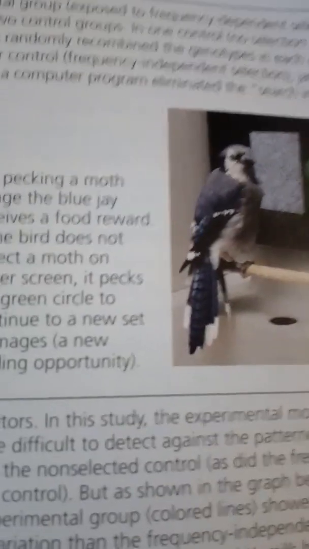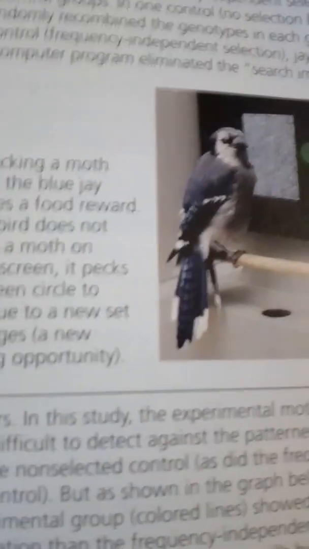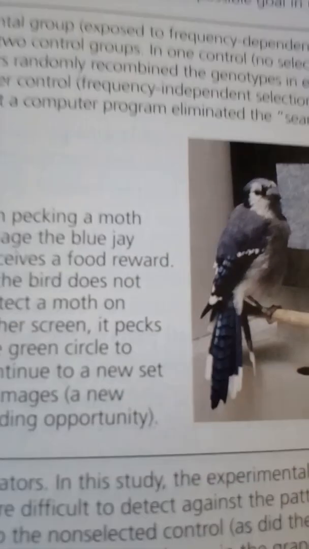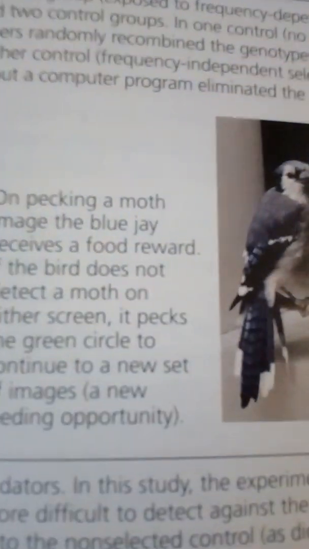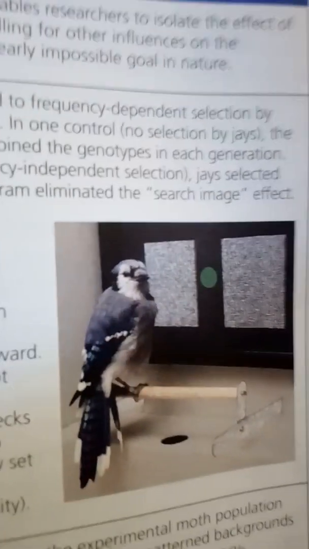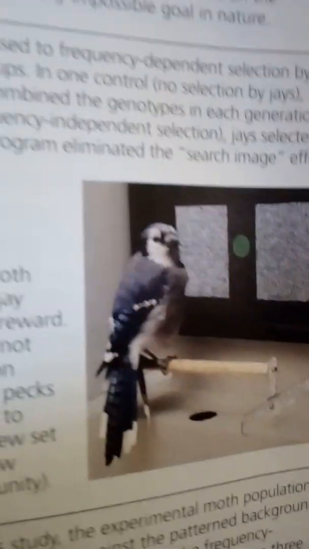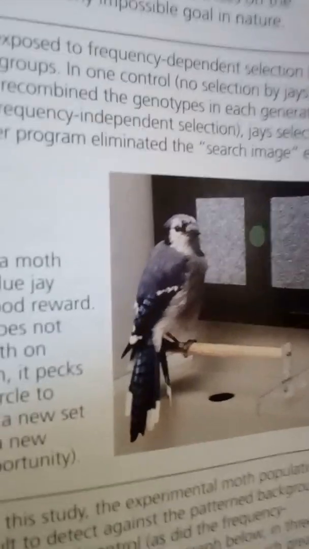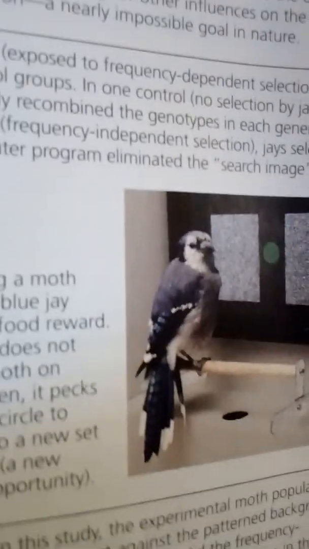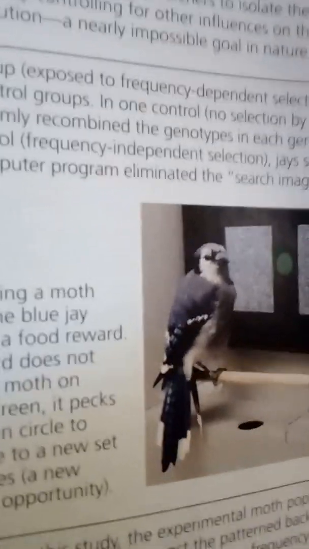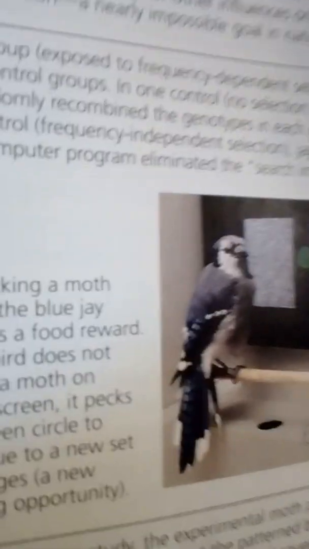These jays were presented with a series of screens that showed a speckled background, sometimes including an image of a moth. When a jay pecked at a moth image, it was rewarded with a small piece of food. The jays soon learned a search image, a quick way to recognize the most common type of moth.